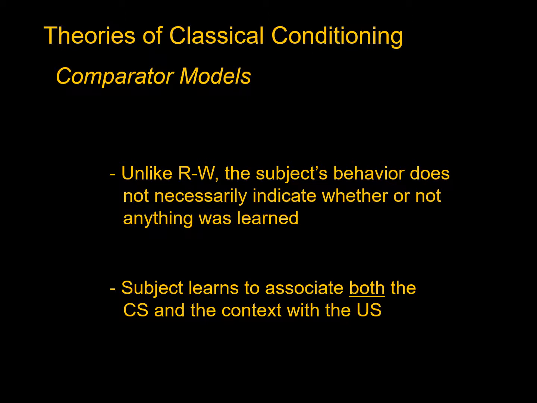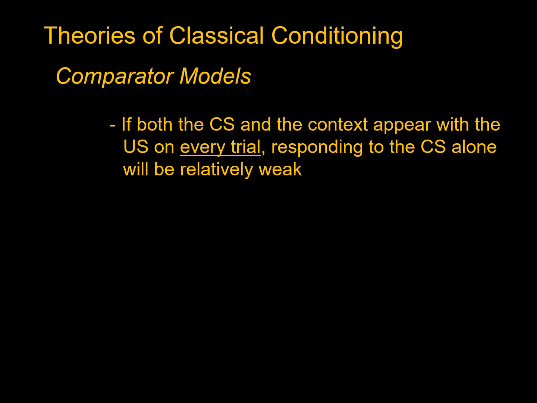They're going to be learning both of these associations, and here's where the behavior is not going to necessarily reflect what has been learned, because we do a bunch of these trials where I put you in a little chamber and the light comes on and you get a shock, and then I test you with the light. I'm probably going to see some response indicating you've learned something about it, but it's not going to be a particularly big response, or at least it could certainly get bigger.